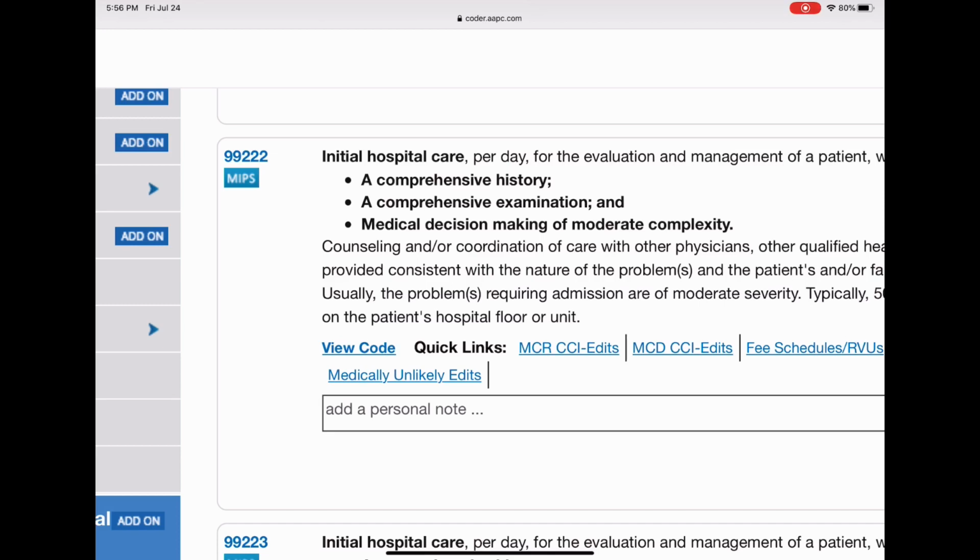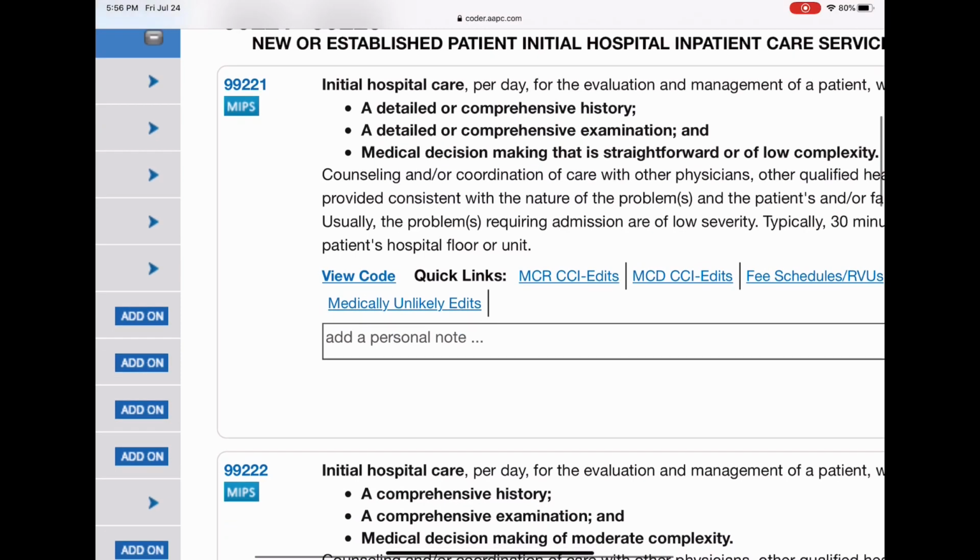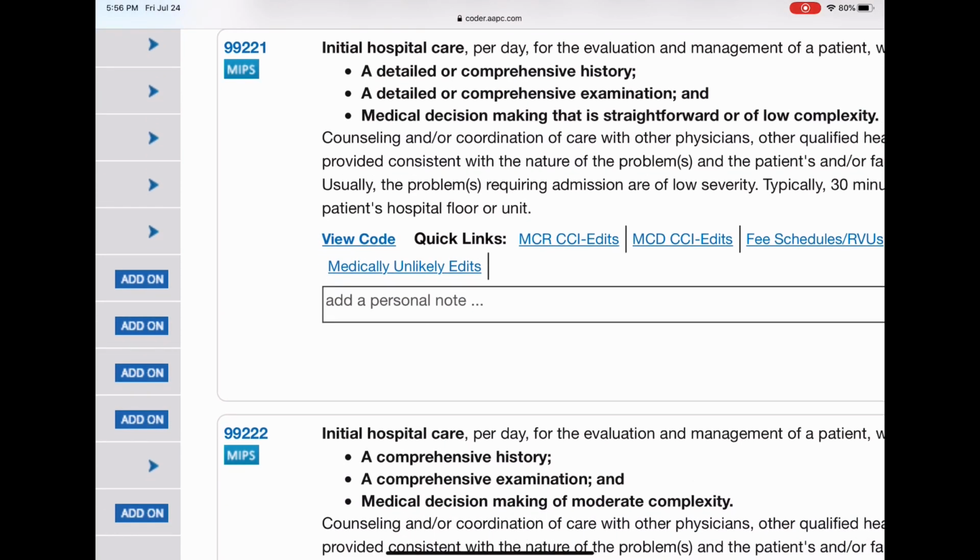And if you don't, what you're actually supposed to be billing is 99221, because a detailed history does not require all 3: past, family and social history. So if you miss just that one element, you will have to be downcoded to a 99221.